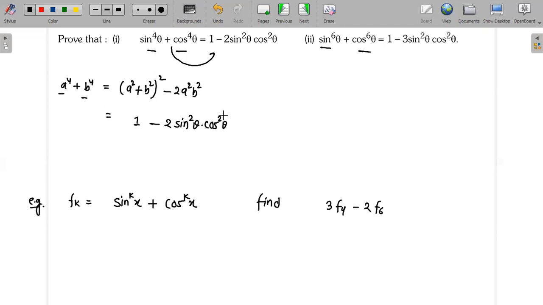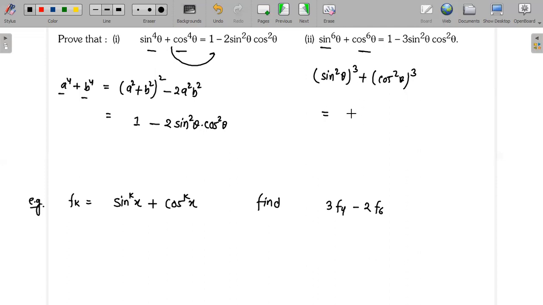There we go. Similarly, if you look at the second one, rather than reading this expression as something to the power 6, I would advise you to read it as sine square theta whole to the power 3 plus cosine square theta whole to the power 3. Now you are free to apply what a cube plus b cube stands for.